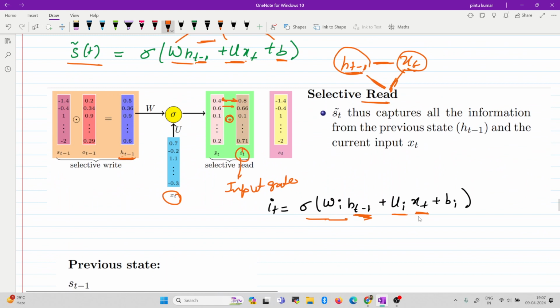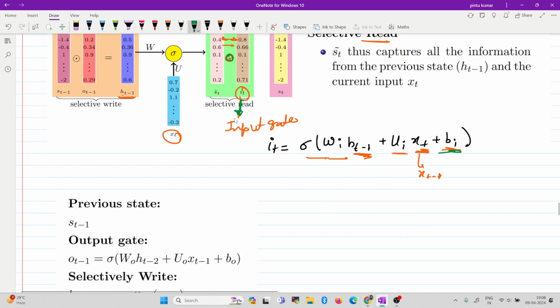Then Ui times x of t, where earlier we had x of t minus 1, here we have x of t, and some bias. All the gates that we will define will be of this form only: some W star times h star plus U star times x star plus b. This is the gate we have defined for selective read, and we obtain some output by doing a pointwise product.